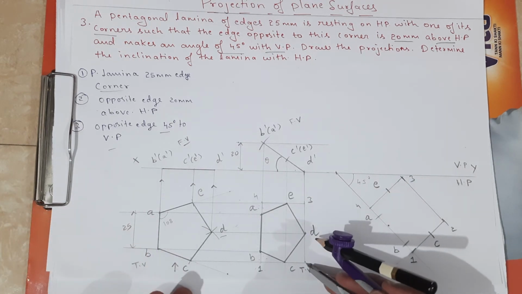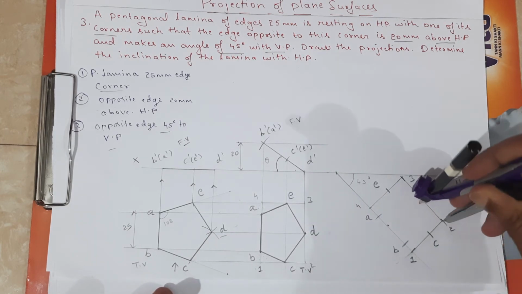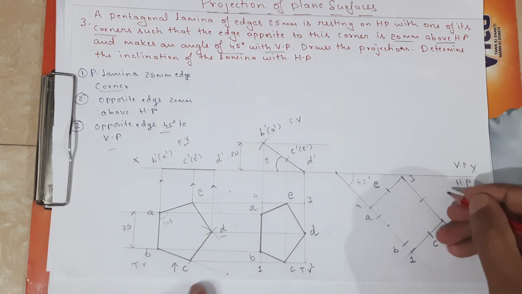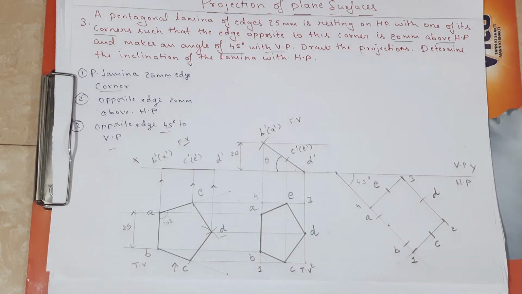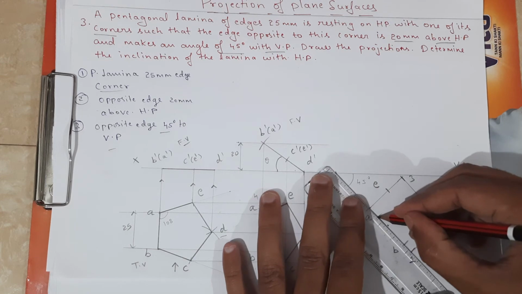Next one, locate the corner D. Take the measurement and cut the arc. This is the corner D. So now join this with a dark line.